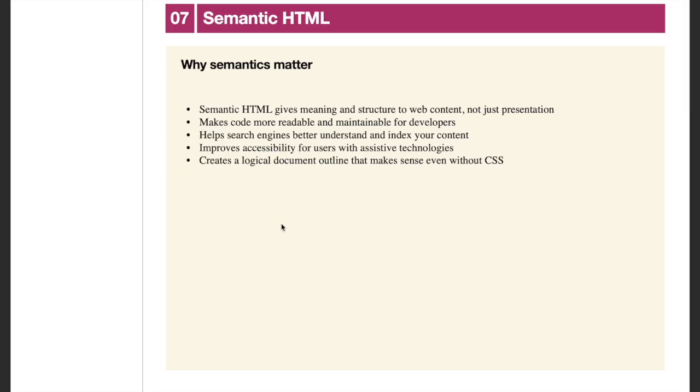It makes your code incredibly readable and maintainable for other developers. More importantly, it helps search engines better understand and index your content. If you want your college startup website to show up on the first page of Google, you must use semantic tags. It improves the SEO.